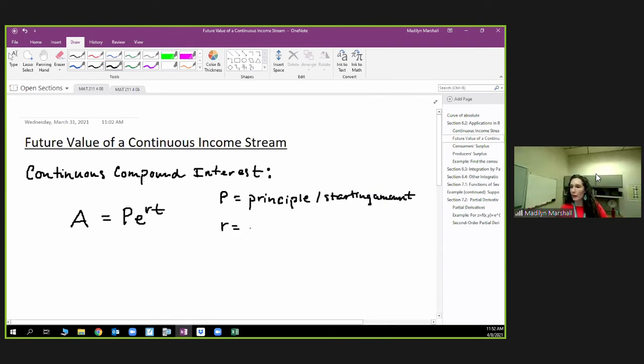And we have r is our interest rate, and t is time in years. So A would be the amount after t years.